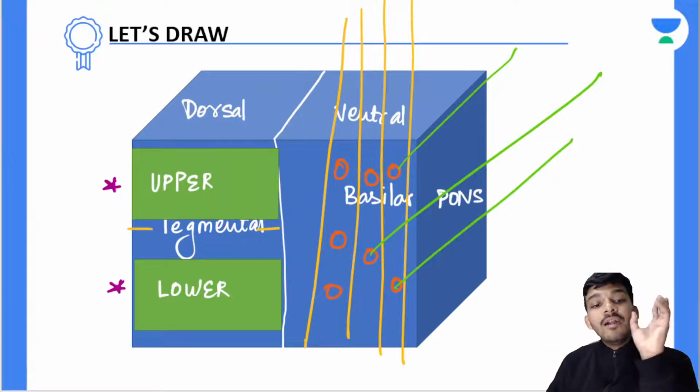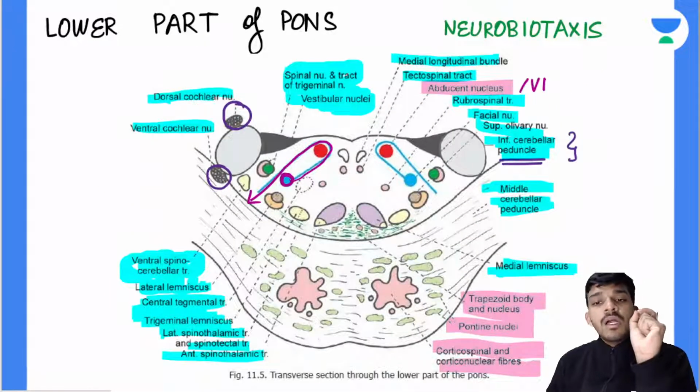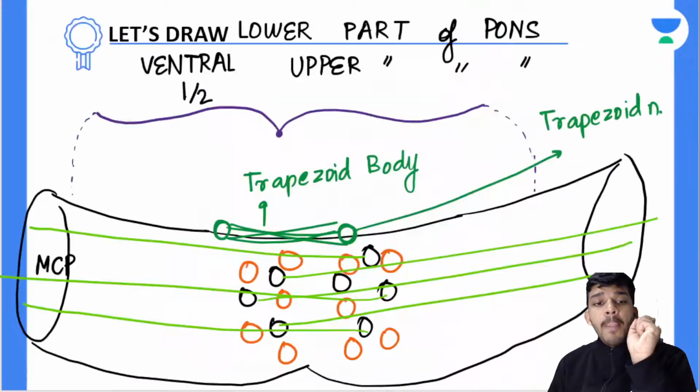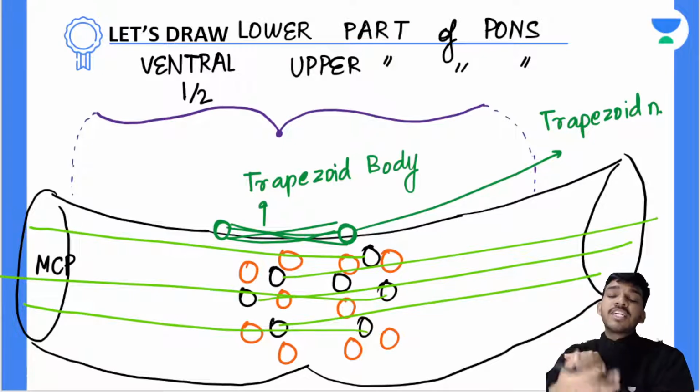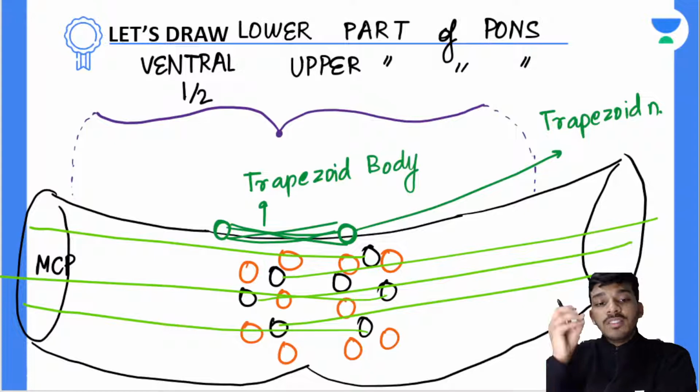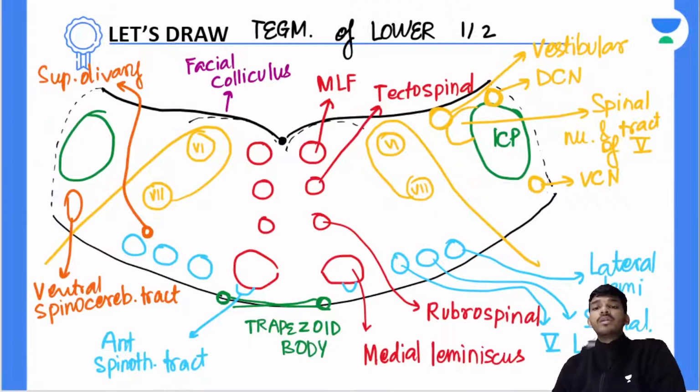Okay, so we had done two sections yesterday. One was the section of the ventral part of pons, right? Whether it is the upper half or the lower half does not matter. It is the section of the ventral half of the lower part of pons as well as the upper part of the pons. It's going to be the same thing, so you can draw it very freely. And then I told you the diagram of the tegmentum of the lower half.